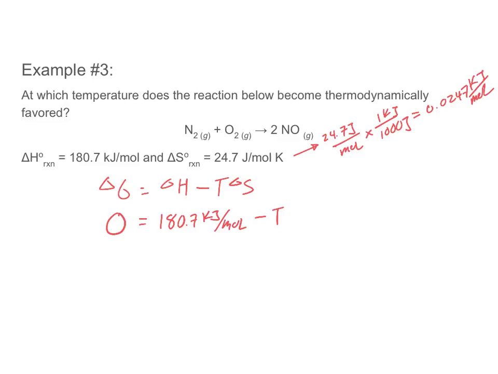I'm going to plug that in here, 0.0247 kilojoules per mole. When I solve this out, I get a value for T equal to a positive 173.3 kilojoules per mole.